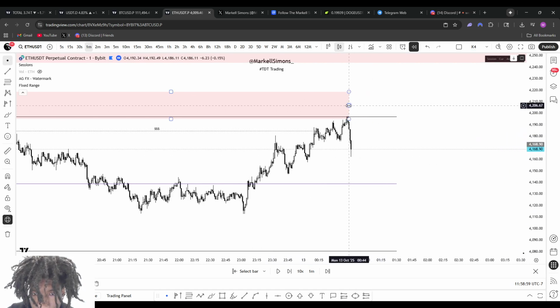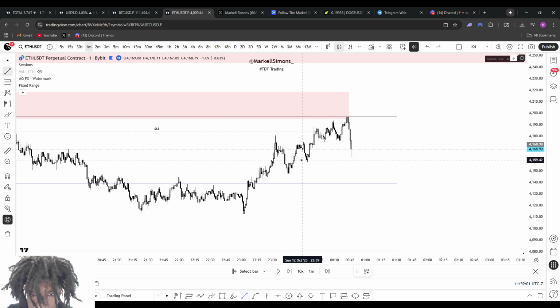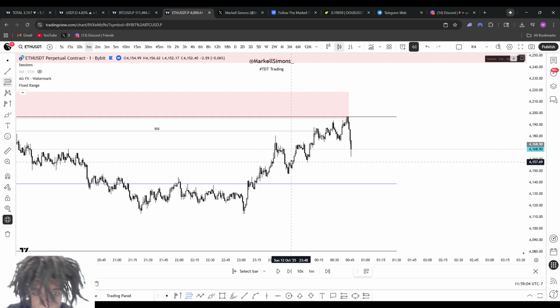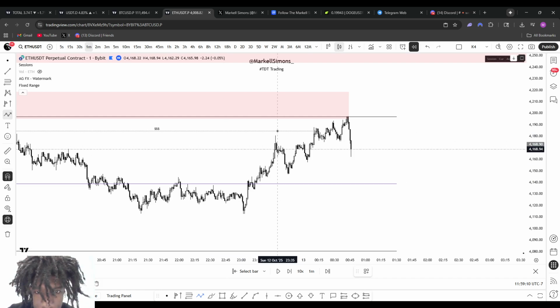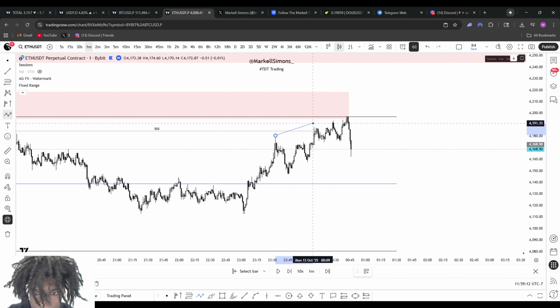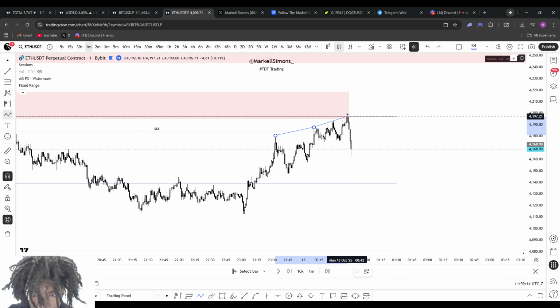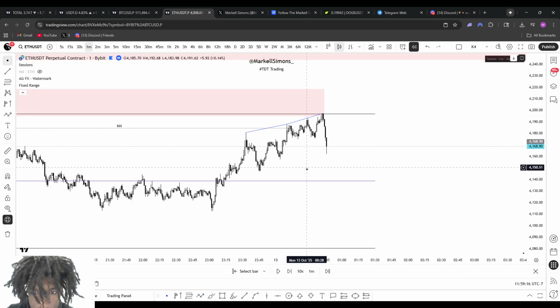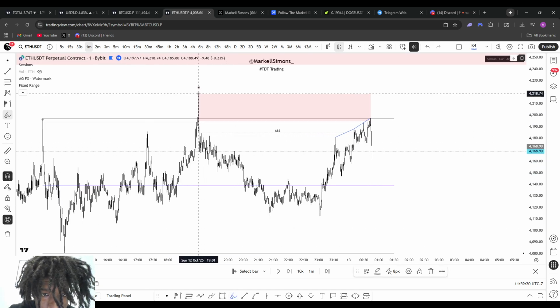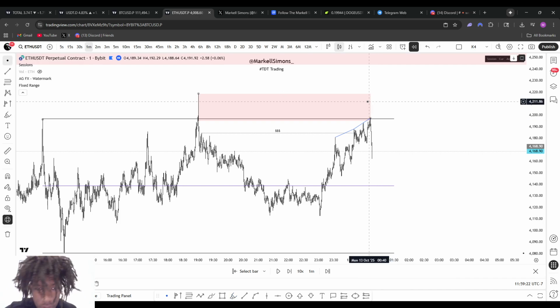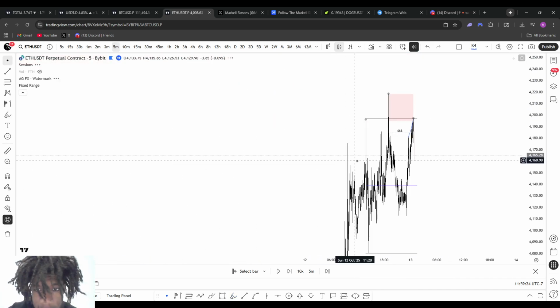At this moment in time, you can look at this as its own range right here, where you have your own 3-tap model. That's basically what I was looking for. A 3-tap model. And in order to confirm your range, all you have to do is wait for market structure to break between tap 2 and tap 3.